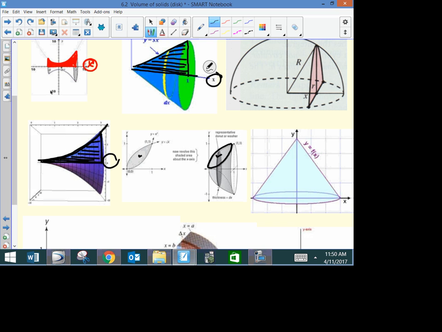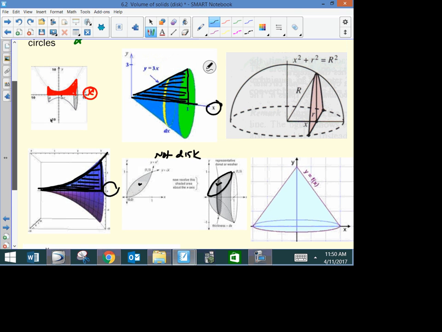Now that creates kind of a bowl-ish like thing. So this isn't really a disc either because it's got a slight indentation. On the disc, all of your slices are going to be the same. Y'all know what a disc is? A circle. Yes, it's like a flat circle. In our case, they're going to be flat.